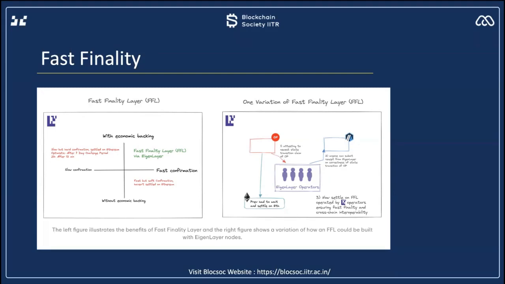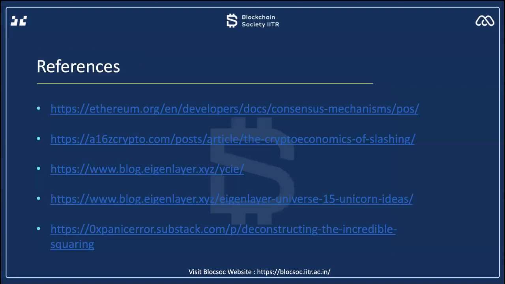Then they can settle this data on the finality layer, and they can ensure that there is, first of all, cross-chain interoperability because you have the data on multiple chains, and you have finality because there is a lot of economic security backing this network. So this is an overview of a bunch of roll-up infrastructure that can be built on EigenLayer.